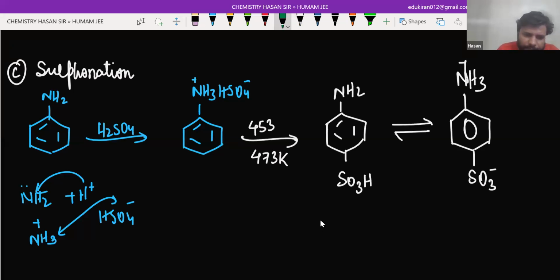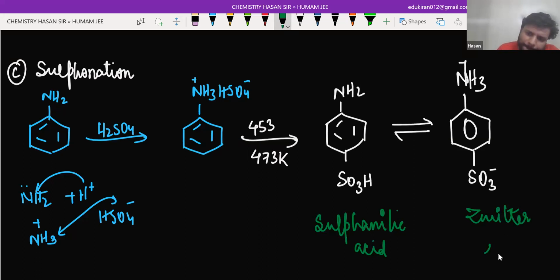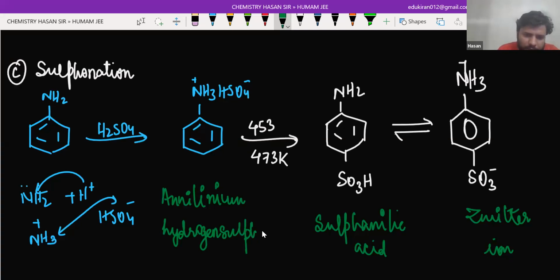And this has a name, that is sulfanilic acid. And this is your zwitter ion. And when you heat it, the whole quantity will be eliminated. And this has a name, anilinium hydrogen sulfate.